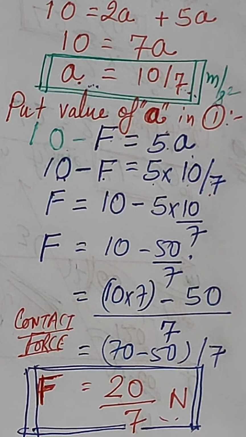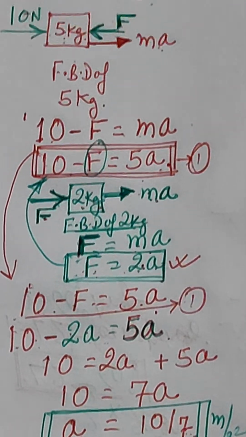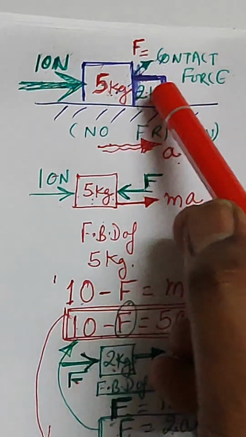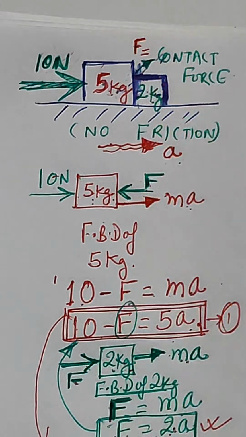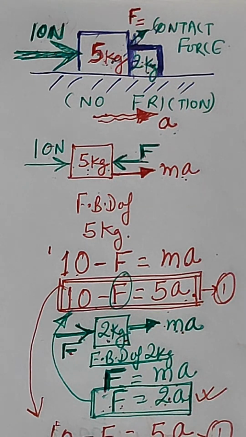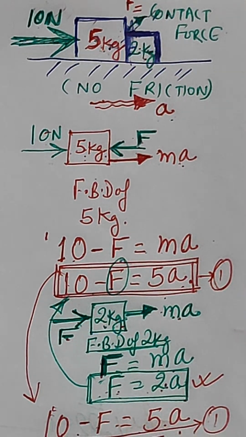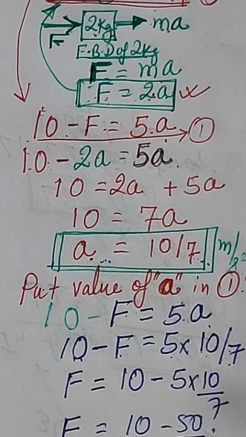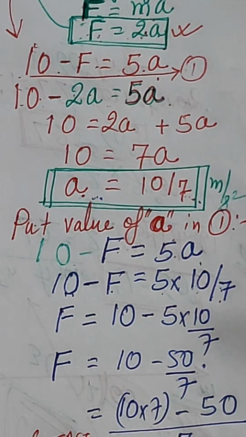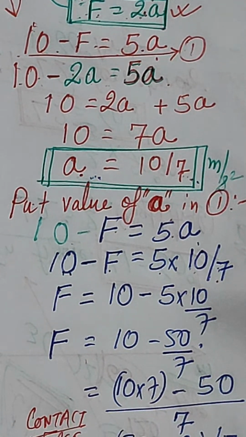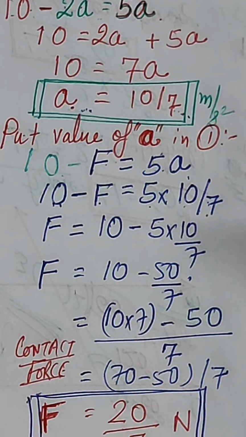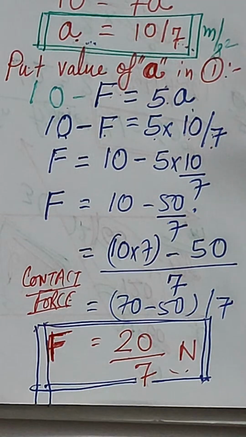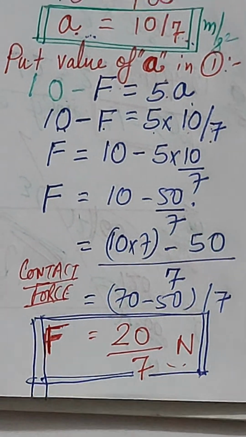So here you can see only the horizontal component of the forces is considered, right? There is no friction, so that's why this will be the correct solution. And here we are able to conclude the value of contact forces, right? It's not like there is any vertical motion happening, right? So I think the gravitational application will not happen over here, right?